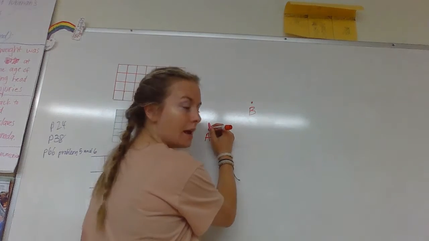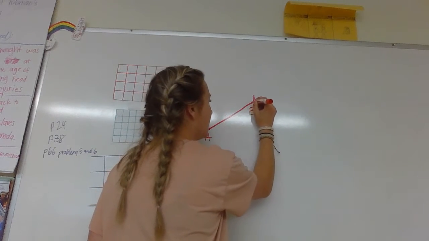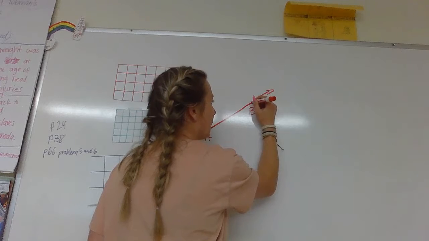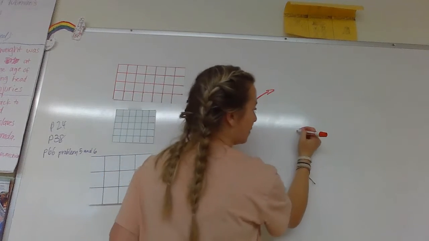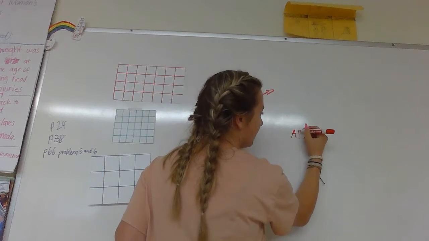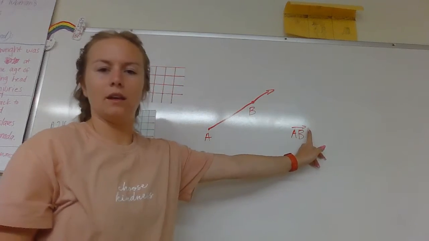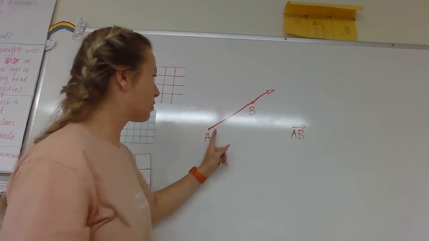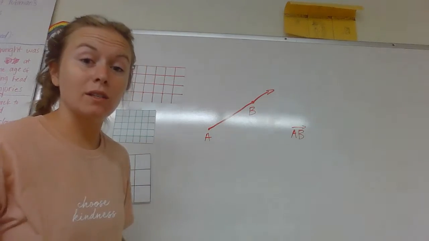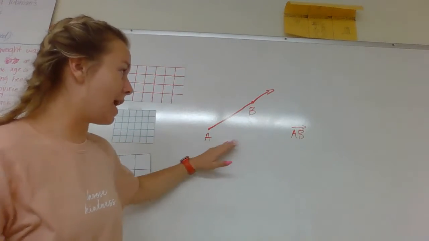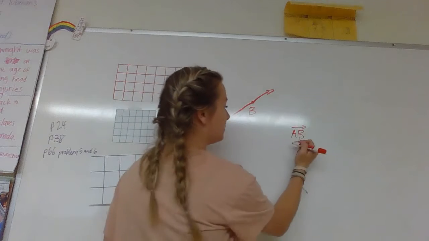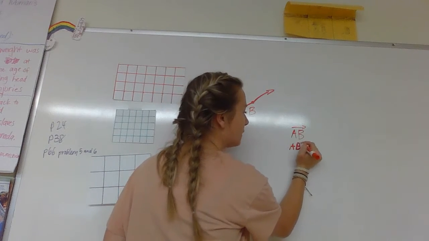From point A, I'm going to go to B and through B. And what I would label that as is ray AB, and I do a ray with the 1 arrow, which matches. Now, if I was going to say the line segment AB, that would be AB line segment.